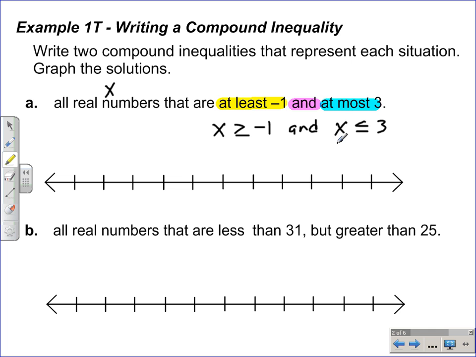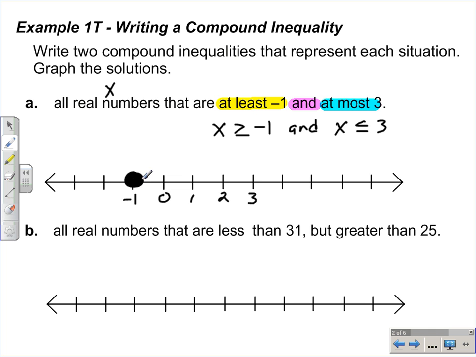So making a number line here, we have a line with numbers on it, or without numbers on it. We're going to put numbers on it, starting at -1. The way we graph this: x is greater than or equal to -1, so that's going to be a closed circle on -1.